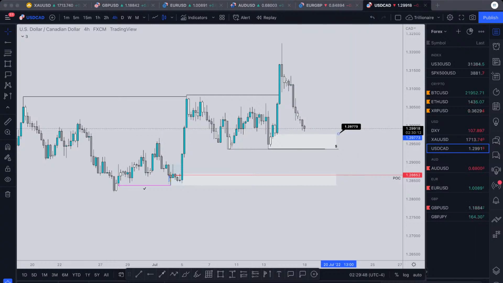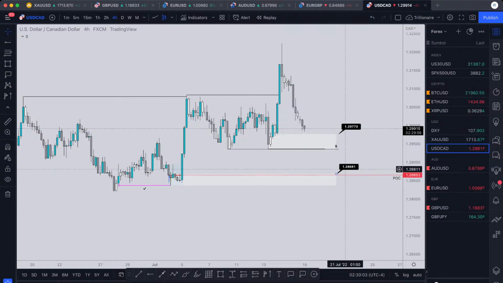And then we also have a point of interest down here within this area around price level 1.28681.